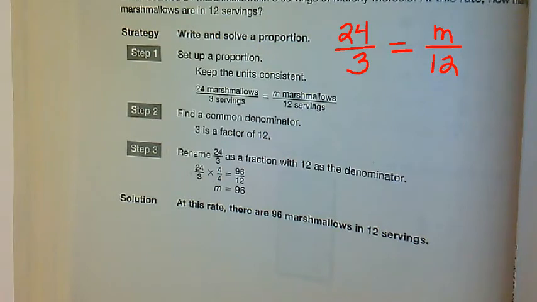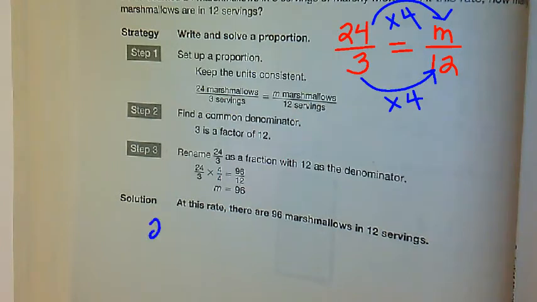So I would ask myself, okay, looking at 3 to 12, how would I have to get from 3 to 12? Well, I know that I would have to multiply by 4. So remember, we are working with ratios, which are fractions. So whatever I do to the denominator, I have to do to the numerator. So I know that I'm going to multiply it by 4. So these are the things that you should be doing in your thought process of solving an equation.